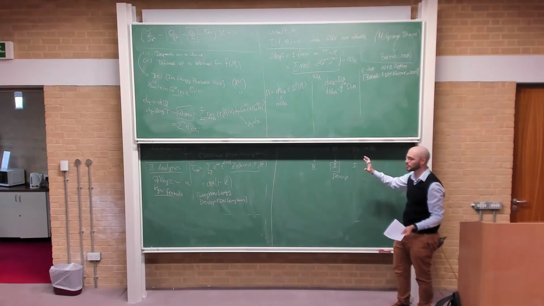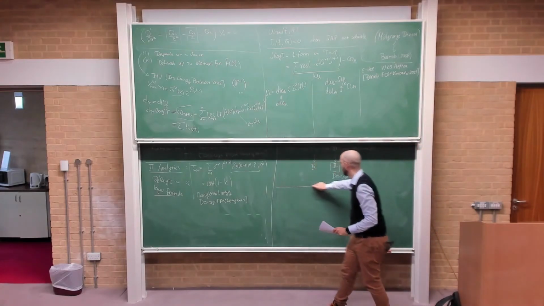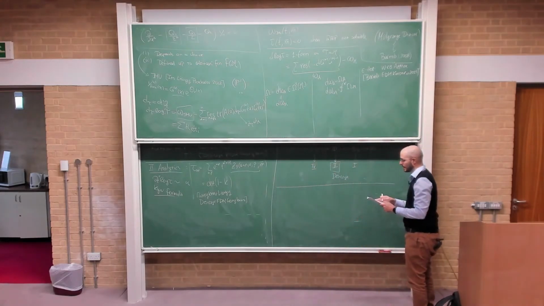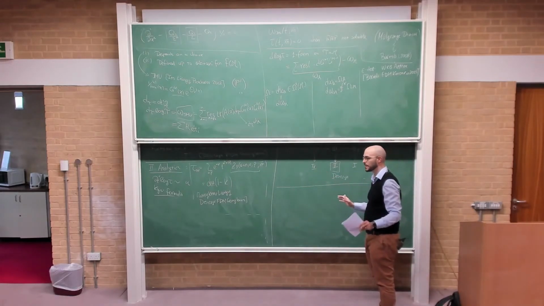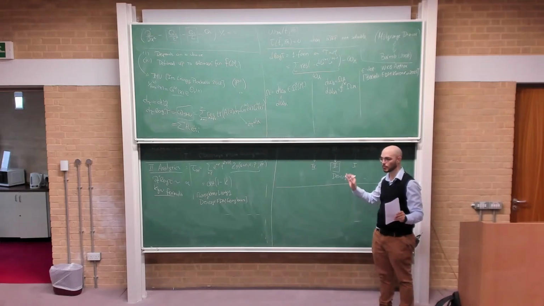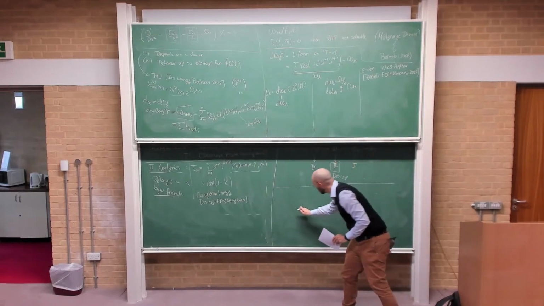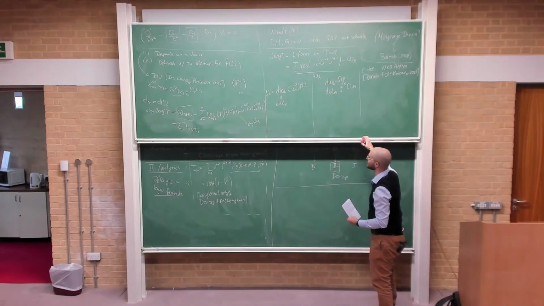So like, how does one get these Fredholm determinants? Let's just say that I have a sphere with 4 Fuchsian singularities, 0, t, 1, and infinity. So actually, I'll need a full blackboard for this.